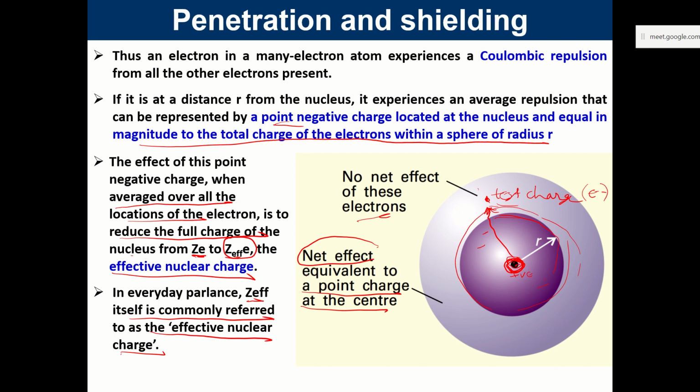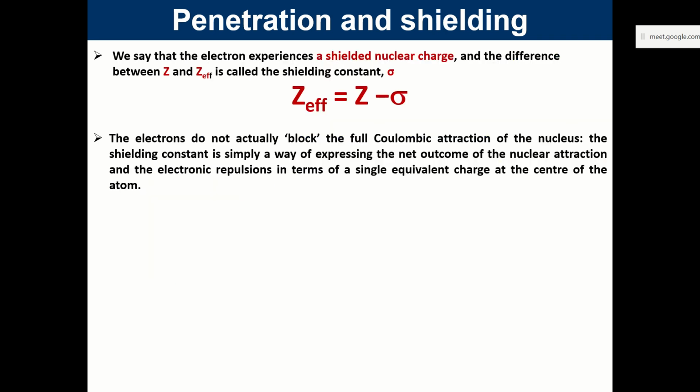सो सिमिलर थिंग इज हैपनिंग हियर. You have a large number of protons at the center and a smaller number of electrons within this purple sphere. So the effective charge at the nucleus will be reduced, and that is what we consider in the interaction between them. That reduction in the charge is represented by a factor called the shielding constant.